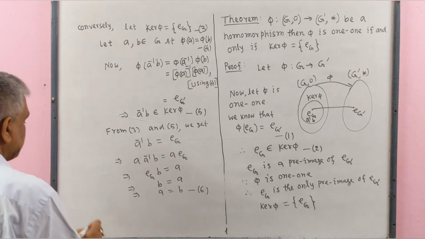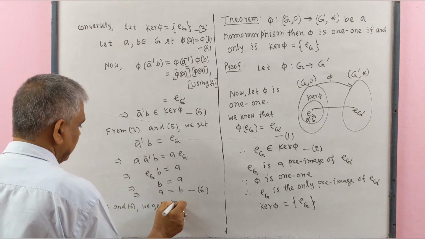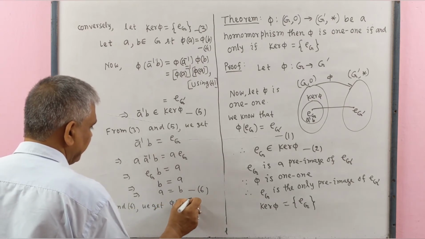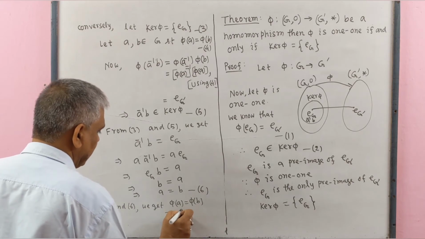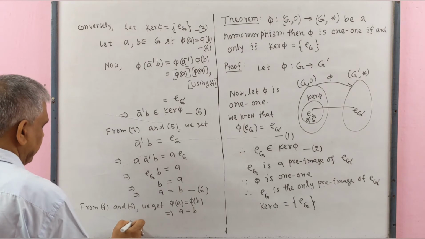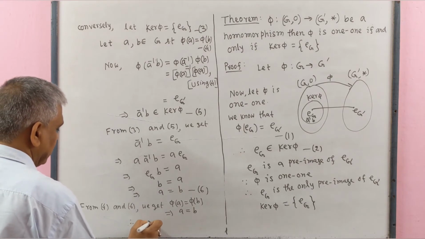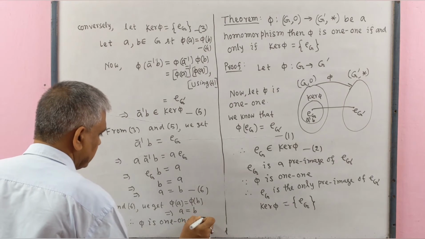From 4 and 6 we get phi A equals phi B implies that A equals B. Therefore phi is 1-1, proved.